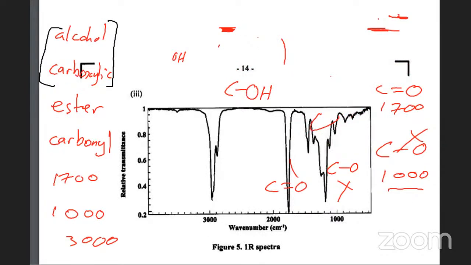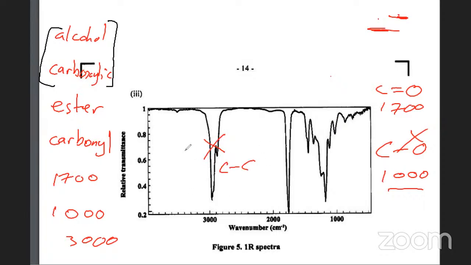All right. Let's look at this one now. So clearly, there's no OH group, because remember this peak, it is too narrow to be the OH group. No OH group is there.